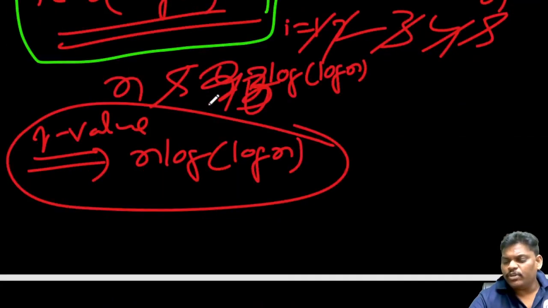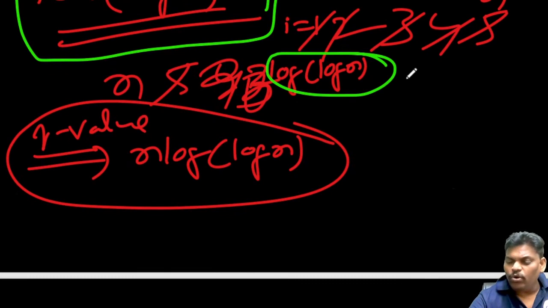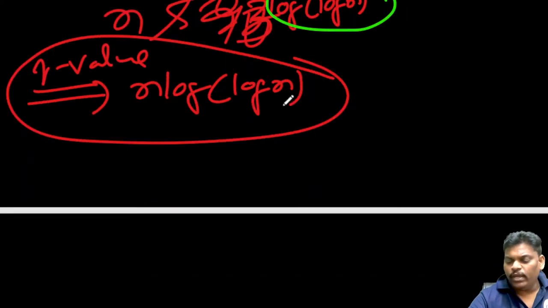So first time q is log n, second time one more log n, third time one more log n. If you do 5 times log n, 10 times log n, n times log n, the q value is n times log n.